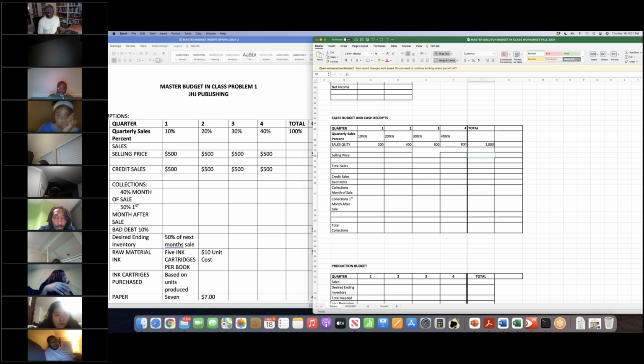So the second thing you do is once you get your quantity, and we're doing break even, you'll have some assumptions about when the sales occur. You put those in, and then you move your quantities by quarter.